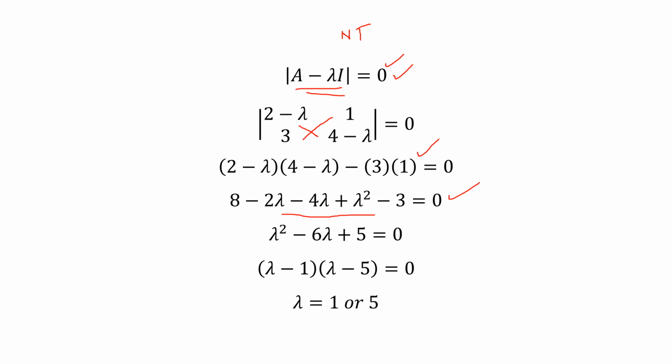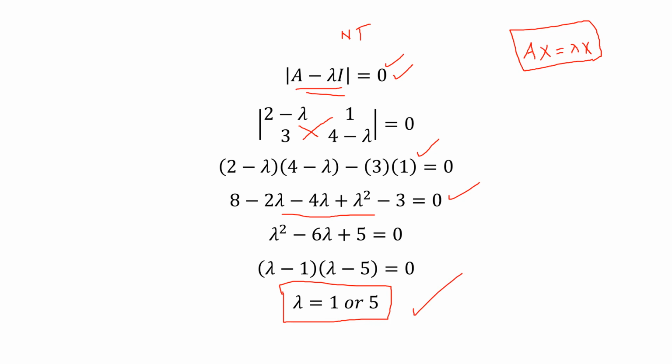And lambda has two values, so we can say these two are the eigenvalues. In the case of an eigenvalue, the system will be like A x equals lambda x. When we solve it for lambda, those values will be called eigenvalues.